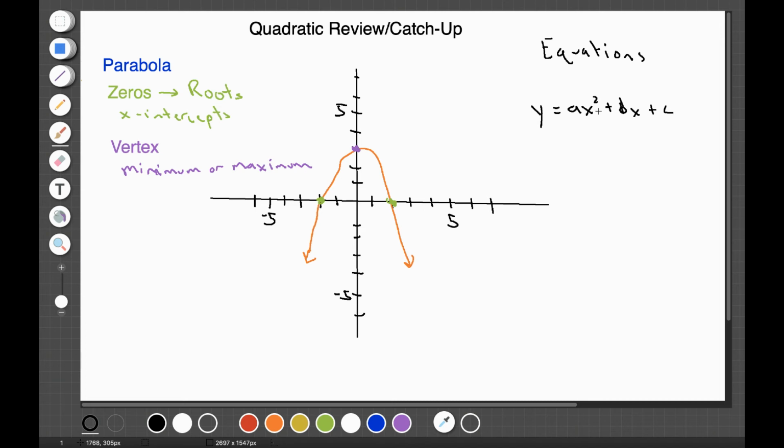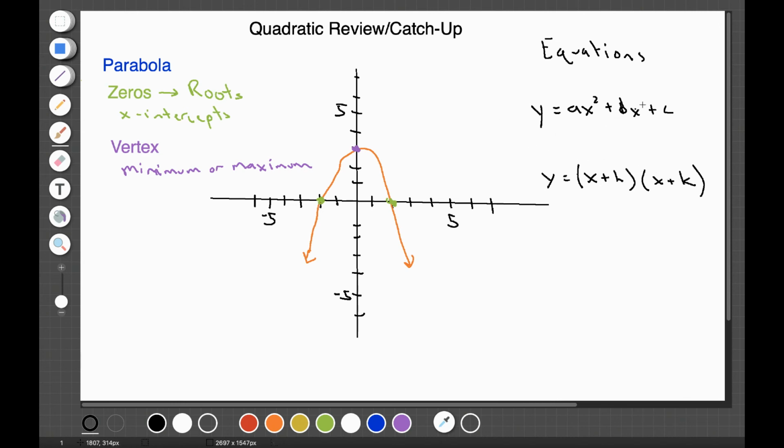And a, b, and c, those are just numbers. So they might be 1, might be 10, whatever. It could be 1x squared plus 2x plus 3, something like that. So that's our standard form. Then we also have the factor form. Looks like this. Okay, and in this case, h and k are also just numbers.